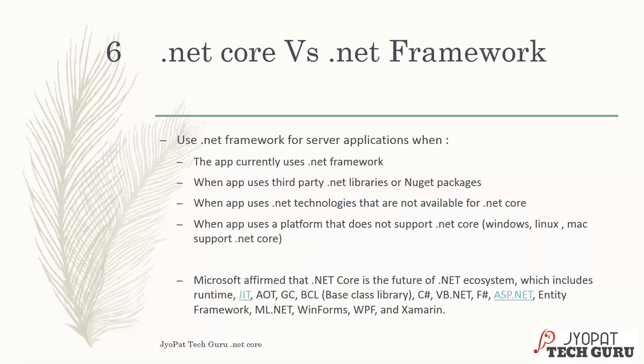So Microsoft affirmed that .NET Core is the future of the .NET ecosystem, which includes a runtime, JIT, just-in-time compiler, AOT, GC, and BCL, that is base class libraries. So C#, VB.NET, F#, ASP.NET, Entity Framework, ML.NET, WinForms, WPF, and Xamarin.